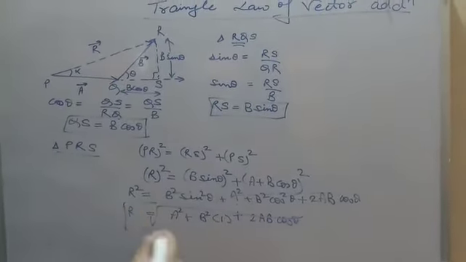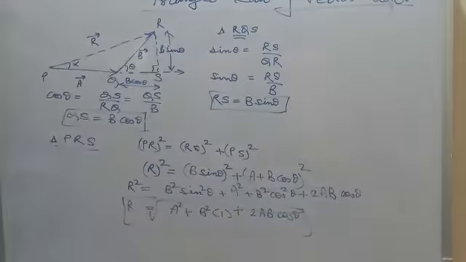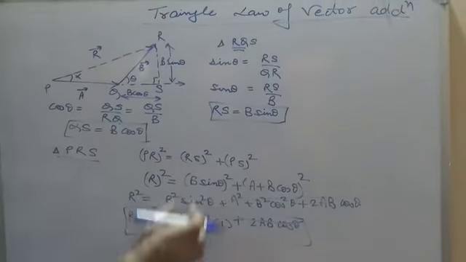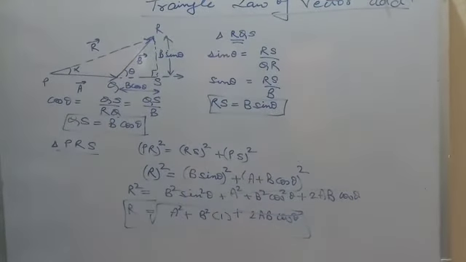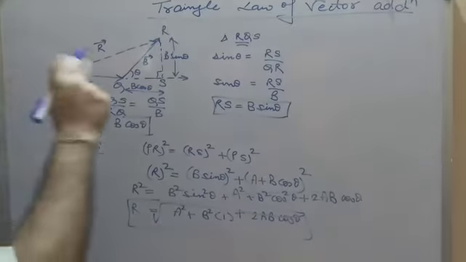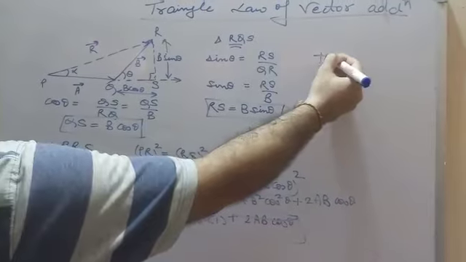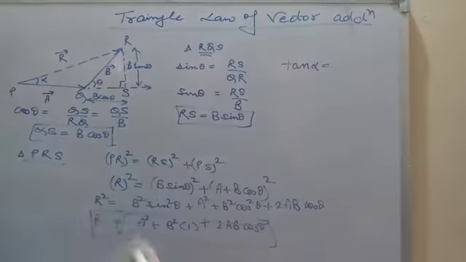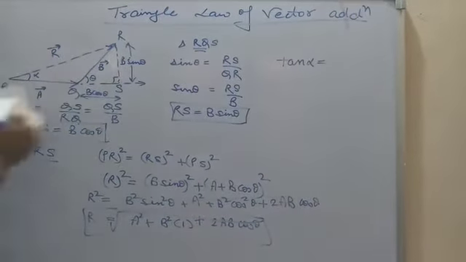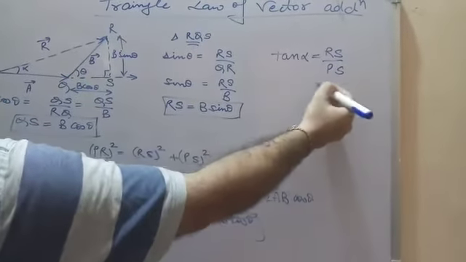So this is how we find R, the resultant of the two vectors, that is under root a square plus b square plus 2ab cos theta. And similarly, if you take the same triangle again, we can find tan alpha, which is the direction, and tan alpha will be RS upon PS. So here we write RS upon PS.